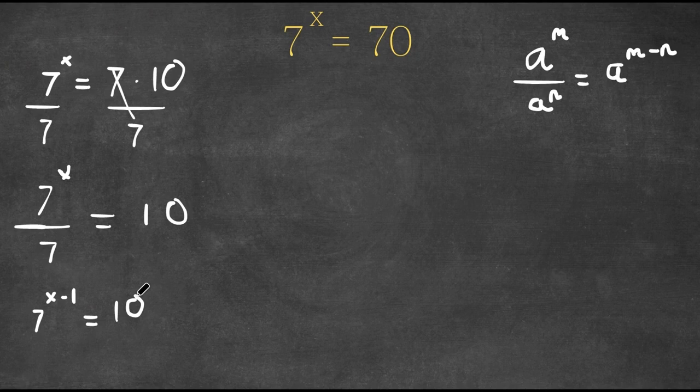So now we're going to take the log of both sides. So now we have log 7 to the power of x minus 1 is equal to log 10.